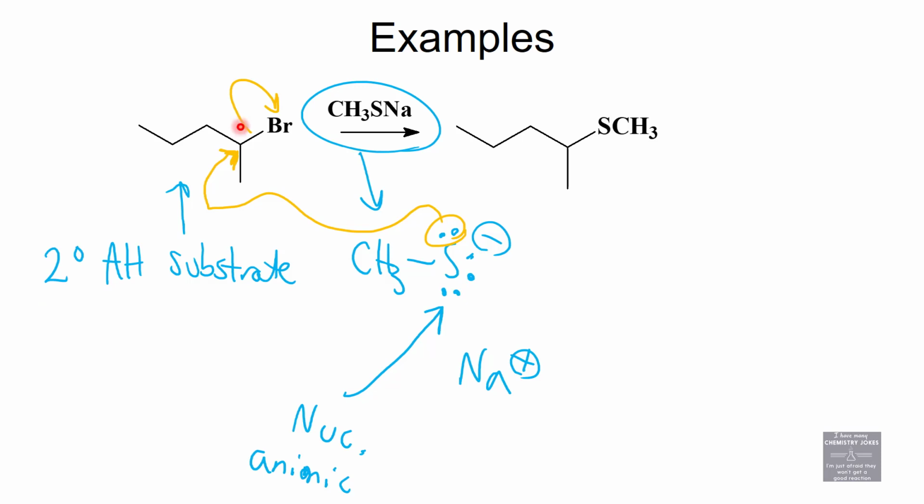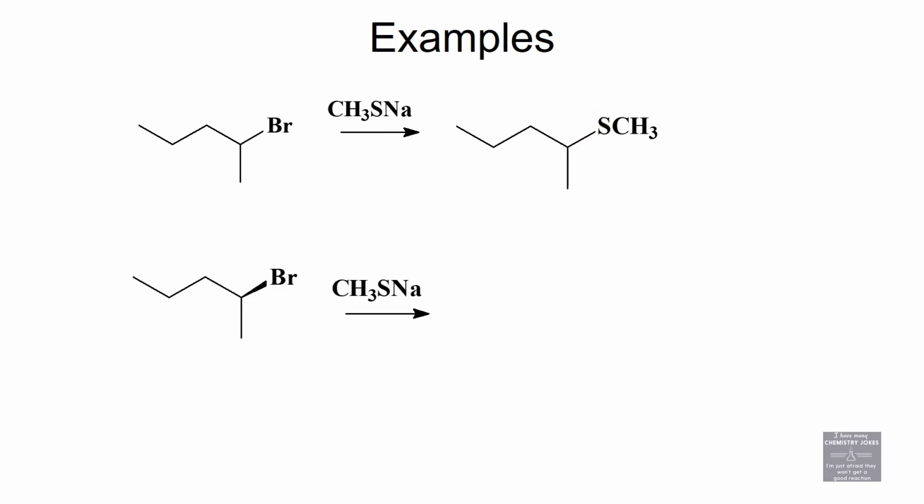That reactant did not have any stereochemistry, so there's no reason to include any stereochemistry in my product. But what if my reactant did have stereochemistry? It's the very same secondary alkyl halide, the very same anionic nucleophile.